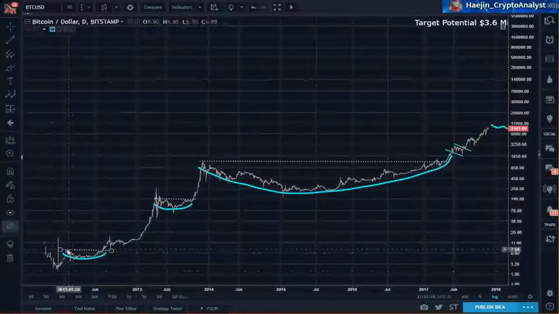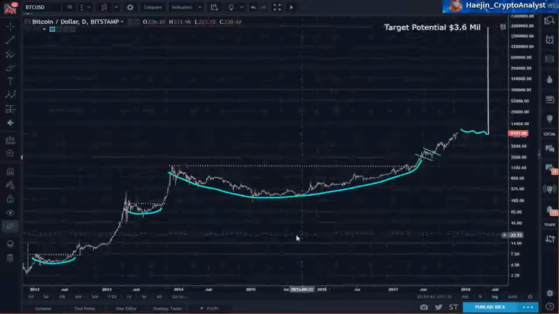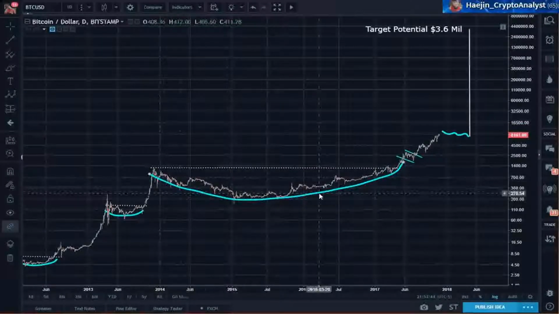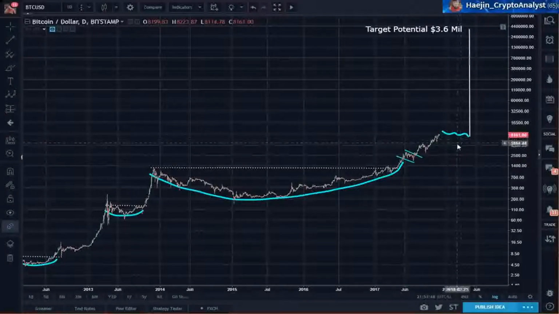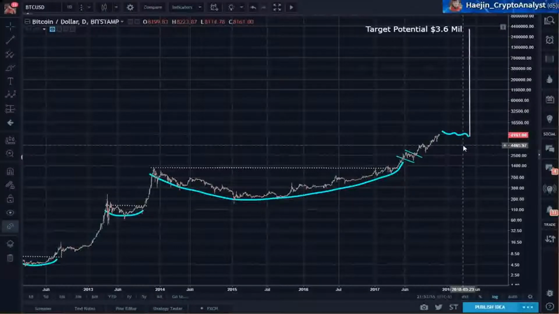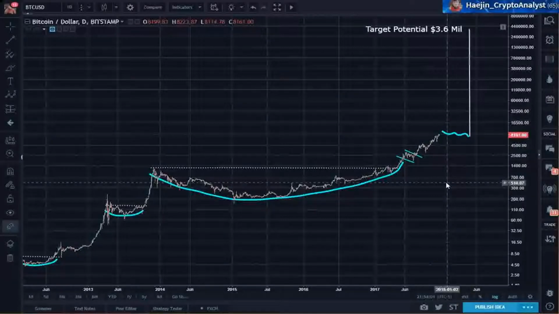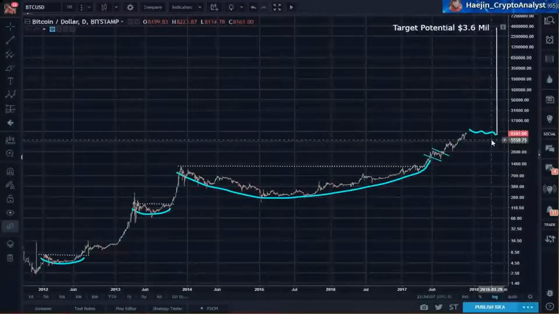Hurry up, wait. Correction is done. We might get another minor correction here. And then people will say, oh, Bitcoin is dead, sky is falling. I'm not saying that. We haven't even seen the real vertical move yet.